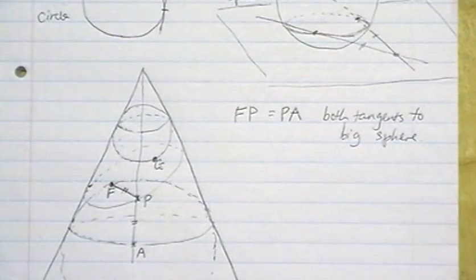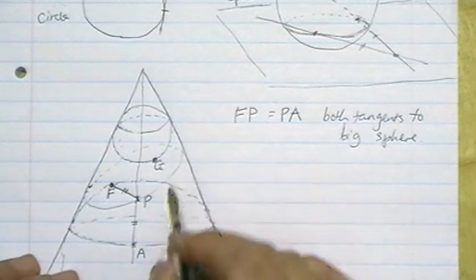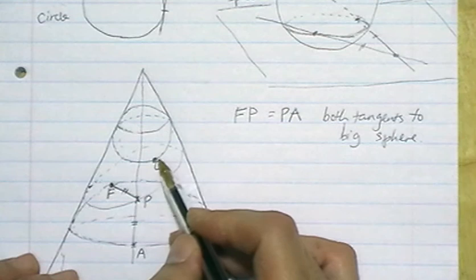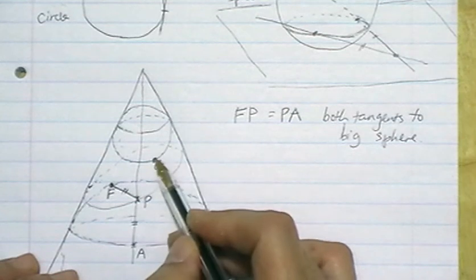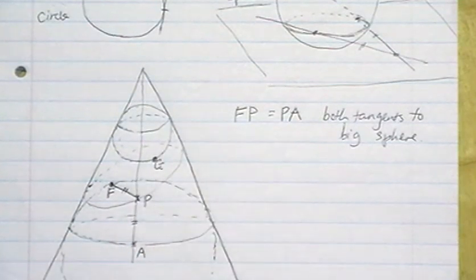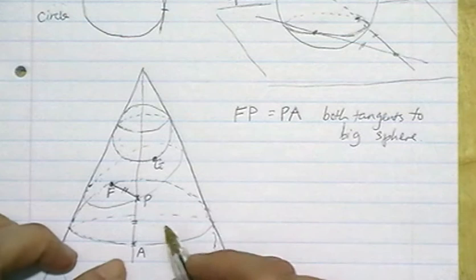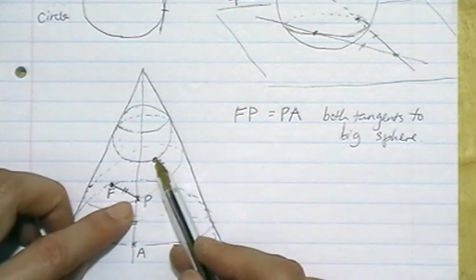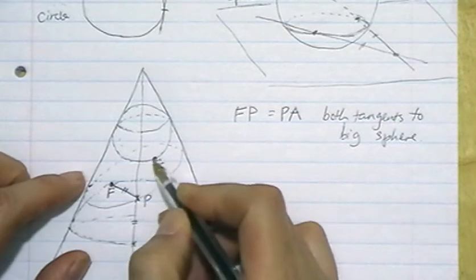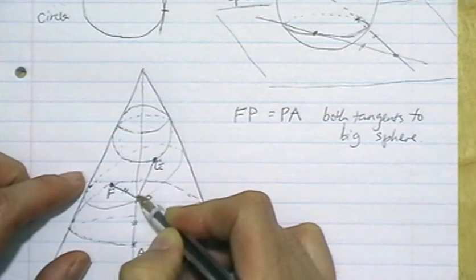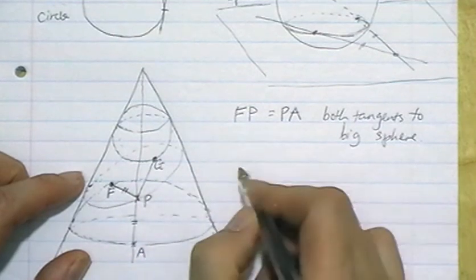Now, next, you might be able to guess that I'm going to try to do the same with G and the smaller sphere. So the corresponding length for G would be this line, GP.